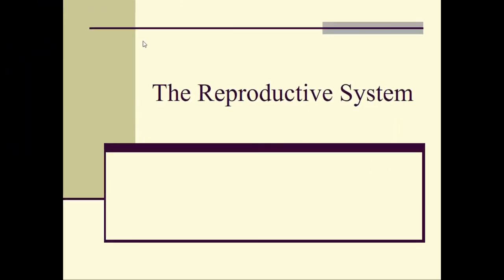All right, everybody, today we're going to talk about our last system here for anatomy class for the year, and it is going to be the reproductive system. Now, the reproductive system is going to be a little different than most of our systems, simply because we have 2 versions. You know, skeletal system is all pretty much the same. Muscular system from male to female is virtually identical.